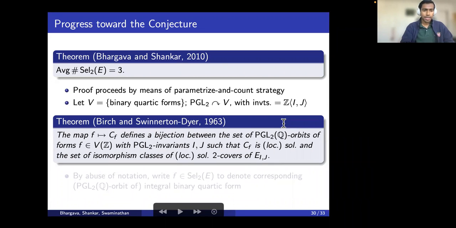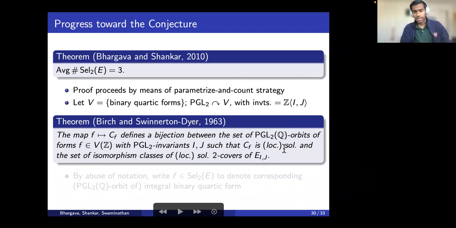So Birch and Swinnerton-Dyer proved that the map taking a binary quartic form to the corresponding genus 1 curve CF defines a bijection between the set of PGL2Q orbits of binary quartic forms with integer coefficients that have invariants I and J, such that the curve CF is either soluble or locally soluble.